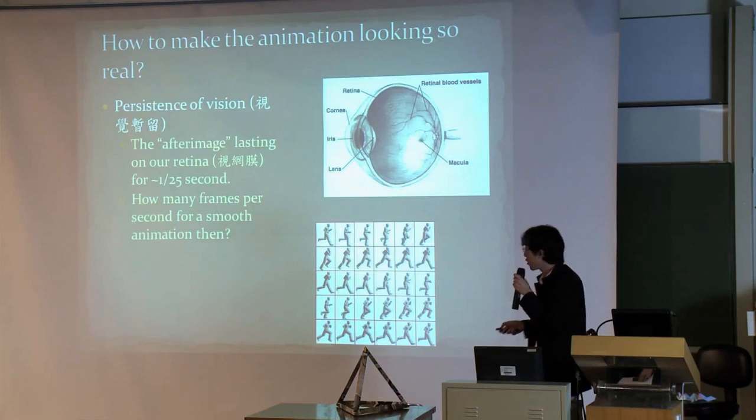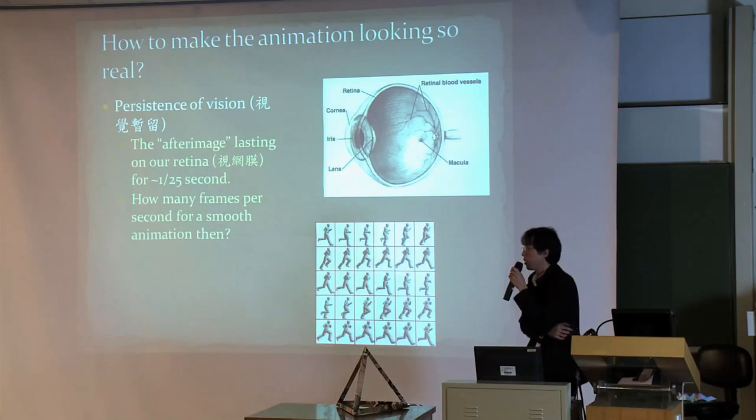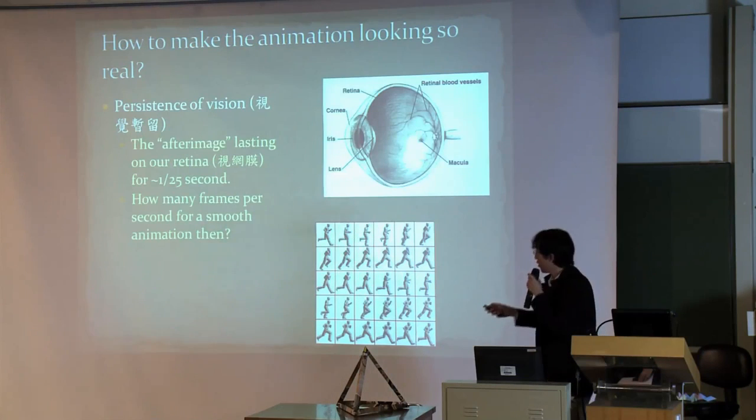Because of this feature, let me ask you a question. How many frames per second are needed to show a smooth animation? We can get a roughly correct number from this typical number here.